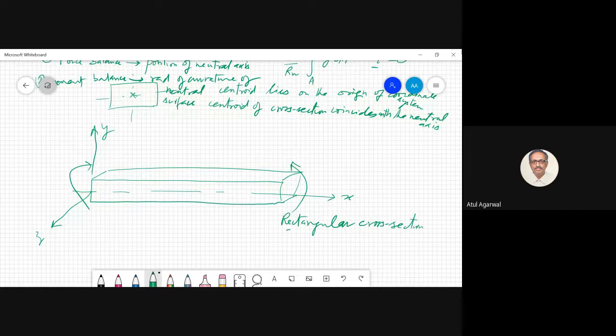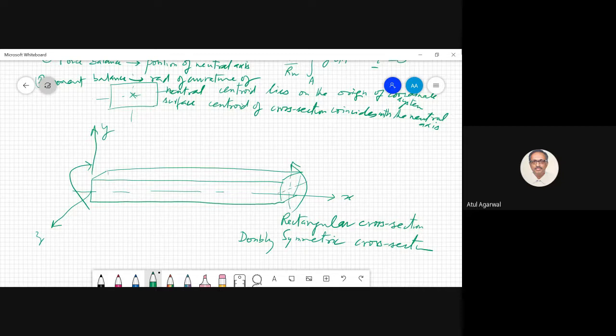So this is a symmetrical cross section. This is a doubly symmetric cross section. You will come to know what is doubly symmetric, singly symmetric. So it has two planes of symmetry. This is one plane of symmetry. This is another plane of symmetry.